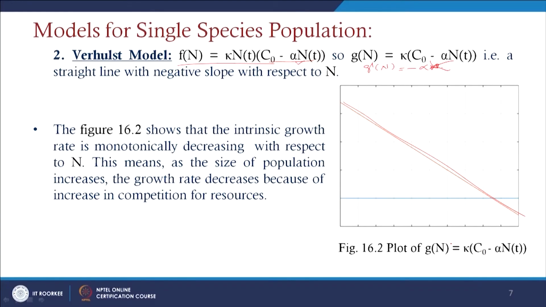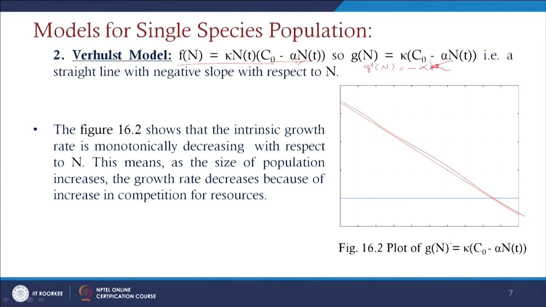So, even if this intrinsic growth rate is monotonically decreasing with respect to n, the size of the population just increases, but the resources decrease. This means that as the size of the population increases, the growth rate decreases because of increased competition for resources.